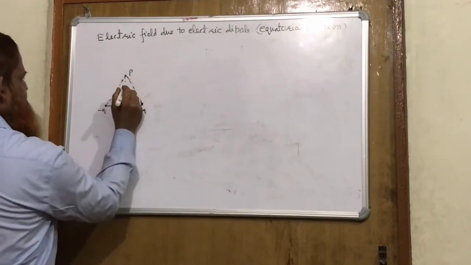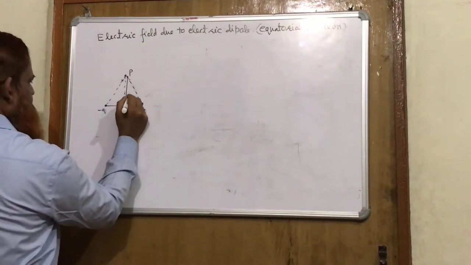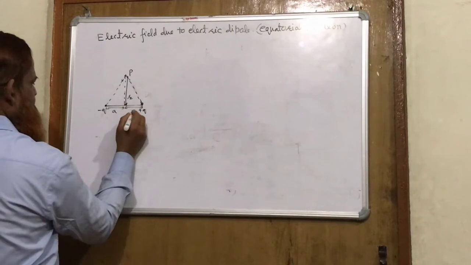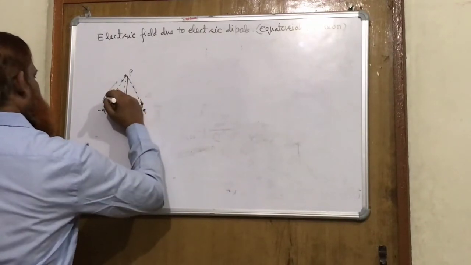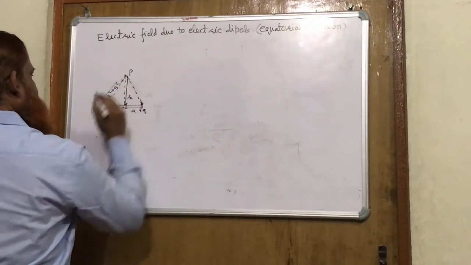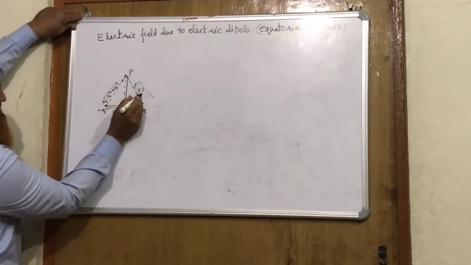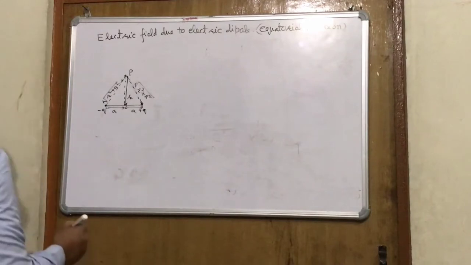This point P is at distance R, and it is A, it is also A. So this will be root of R square plus A square. Similarly, this will also be root of R square plus A square.